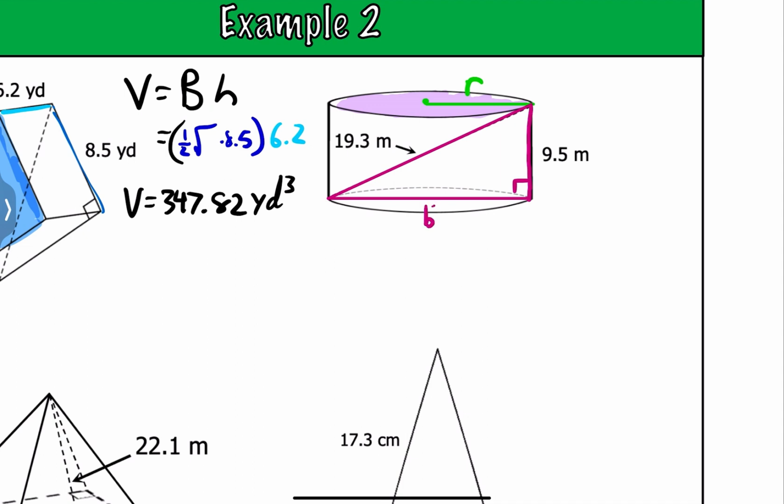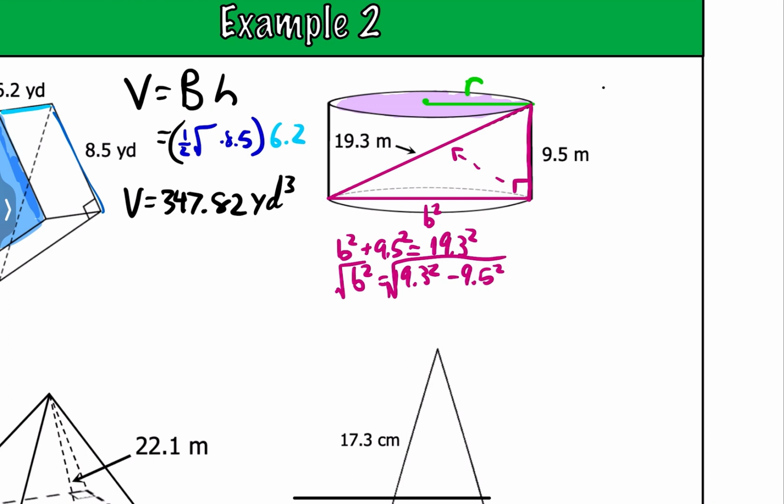I'm going to call this b squared. So b squared plus 9.5 squared equals 19.3 squared, because this is our hypotenuse. b squared equals 19.3 squared minus 9.5 squared. Take the square root of both sides. And again, I'm going to leave it like this.